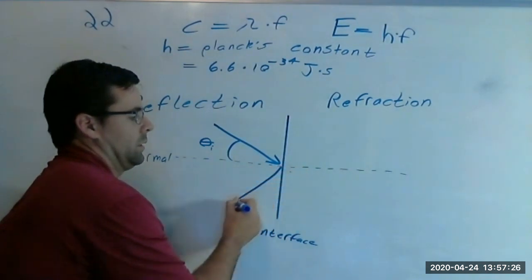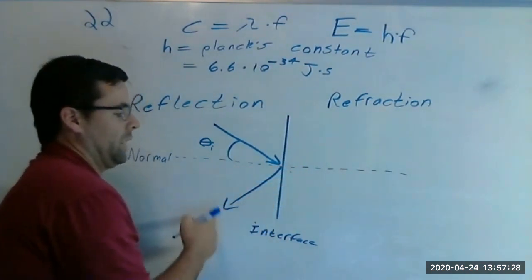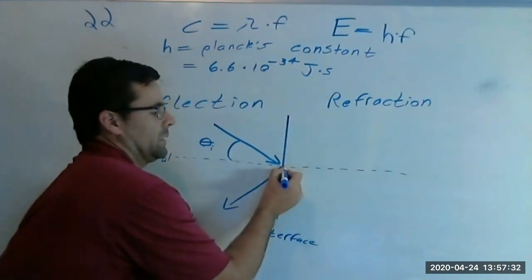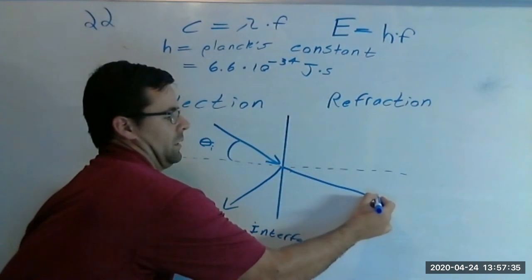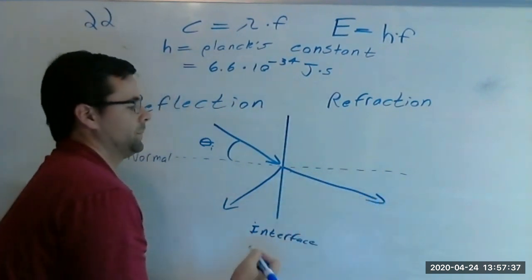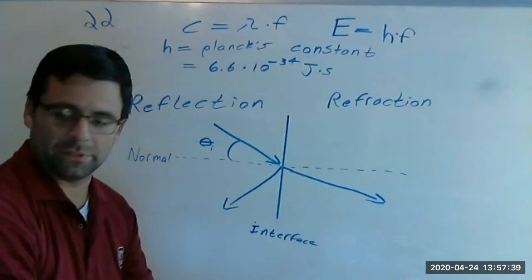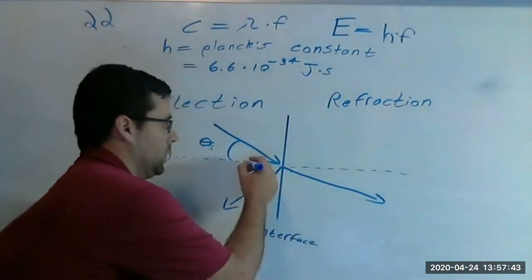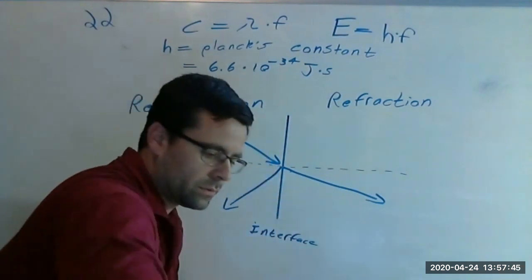It can either reflect, which means bounce off, or it can refract and come over this way. And how this happens is governed by these two equations. So I'll do them in different colors.